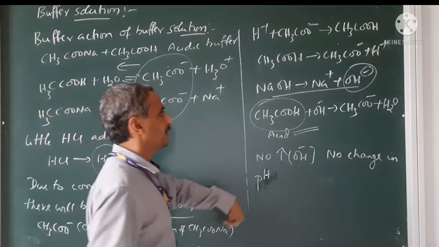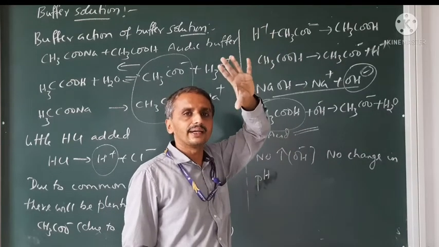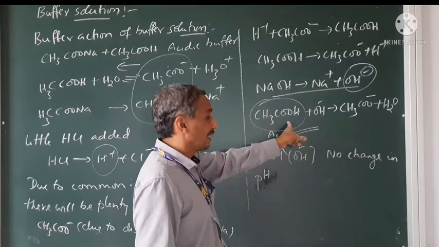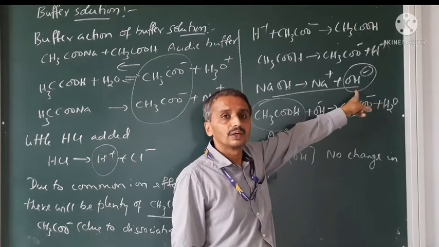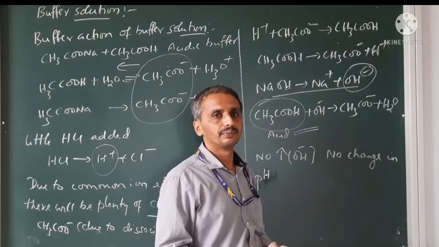When a large quantity is added, say a large quantity of NaOH is added, say for 100 ml of the buffer, you add 200 ml of sodium hydroxide, the acetic acid available to neutralize the OH- may not be sufficient, then the pH will change.